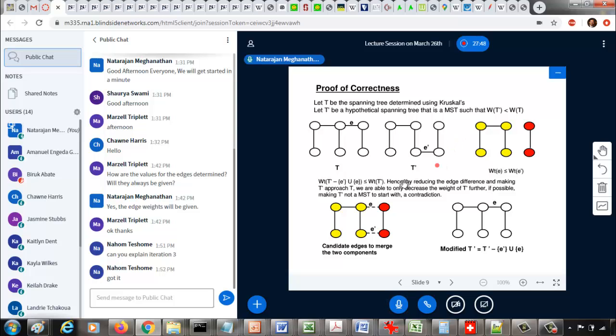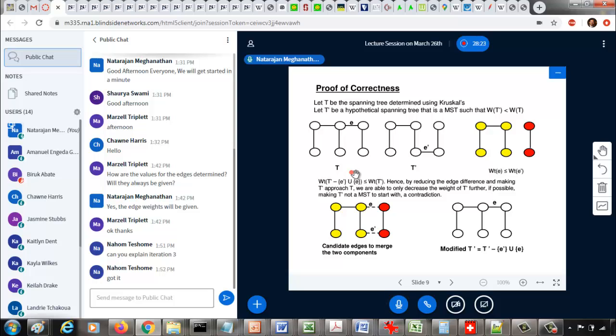Now we have to explore whether this is really possible. Since the weight of T prime is less than the weight of T, they are two different spanning trees. Because if T and T prime were the same spanning tree, with all the edges the same, then the weight of T prime would be equal to the weight of T. So the two spanning trees have different edges.